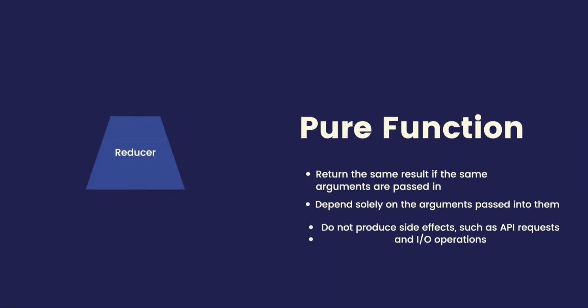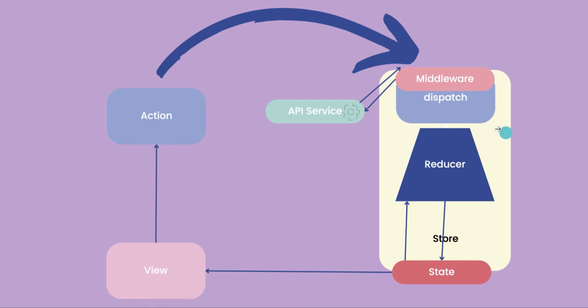It returns the same result if the same arguments are passed, depending solely on the arguments passed into it, and doesn't produce side effects such as API requests and input-output operations, which means that reducers can't directly deal with an API service or any side effects. We need to add another layer between them to handle this stuff.